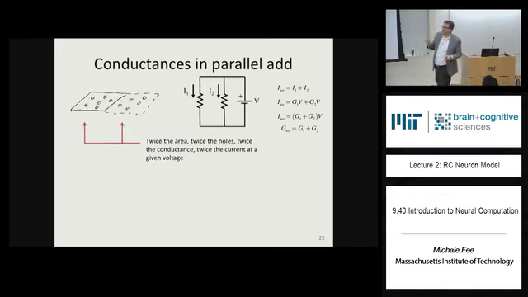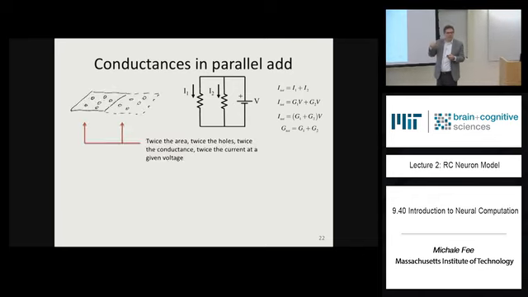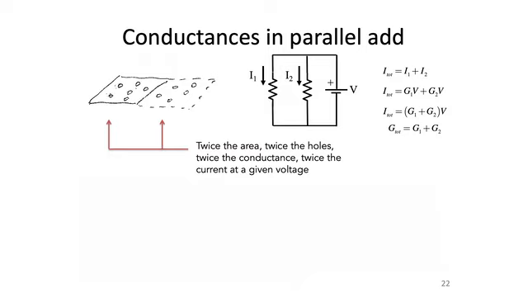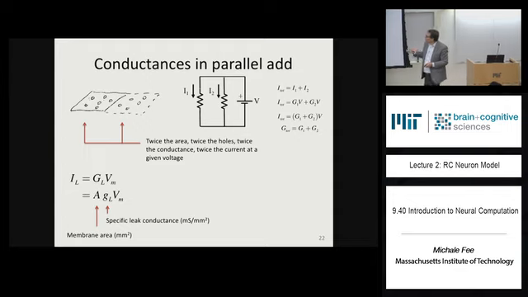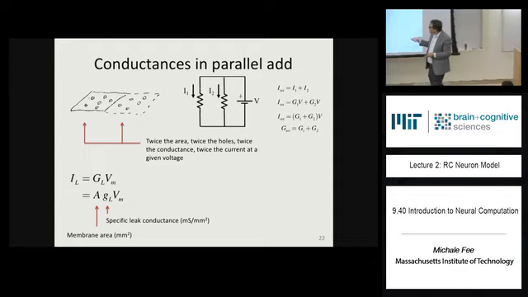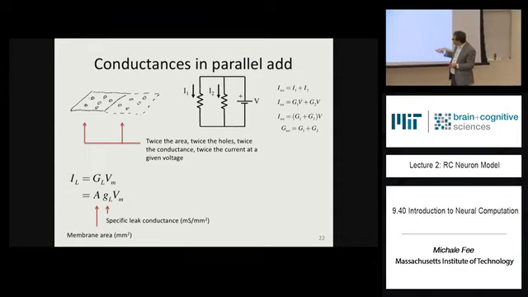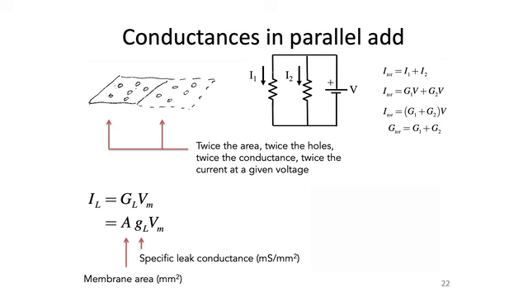If we have a piece of membrane that's got some ion channels, or holes, in it, and we add another piece of membrane with the same density of ion channels, you have twice the holes, twice the current, and twice the conductance. So we can write the current as conductance times membrane potential, but we can rewrite that conductance as the area times the conductance per unit area.